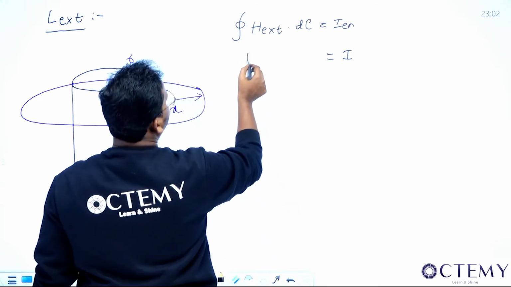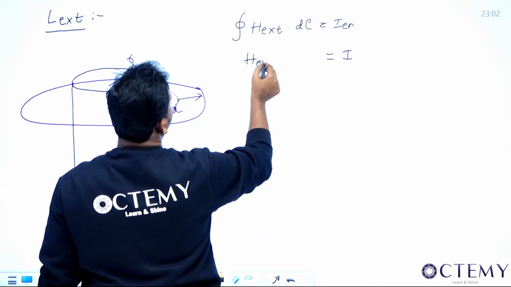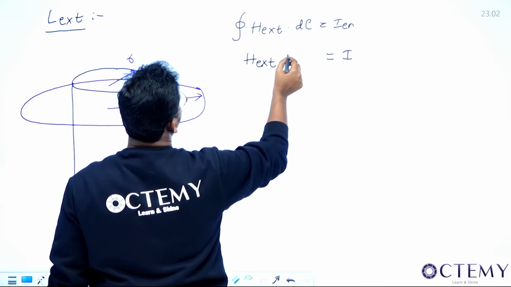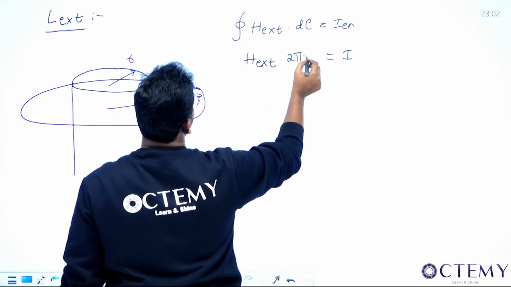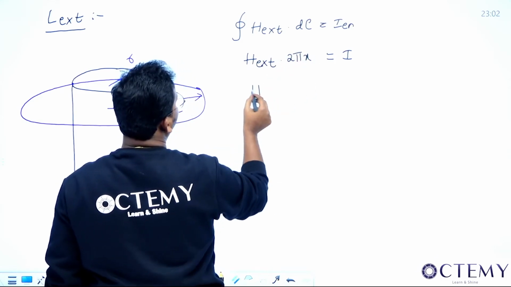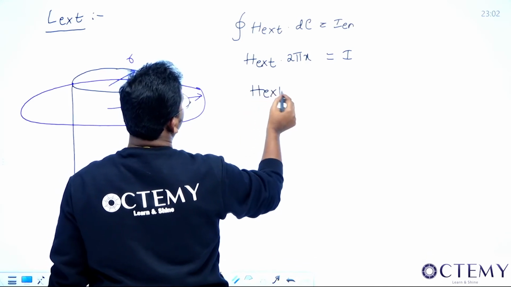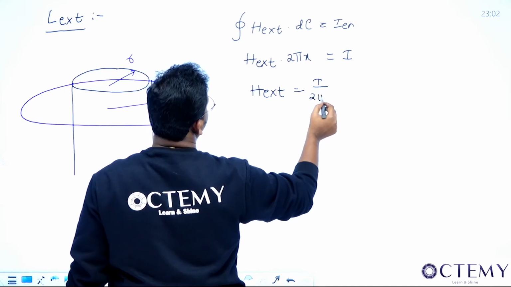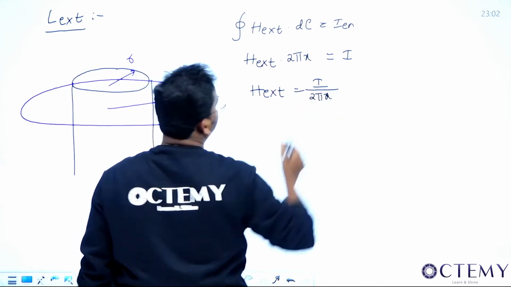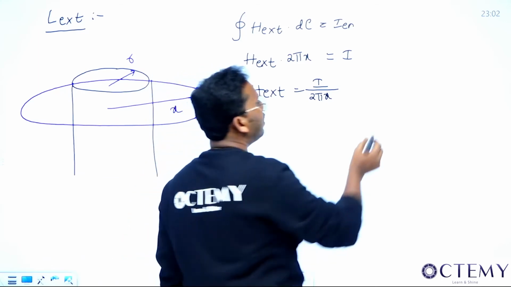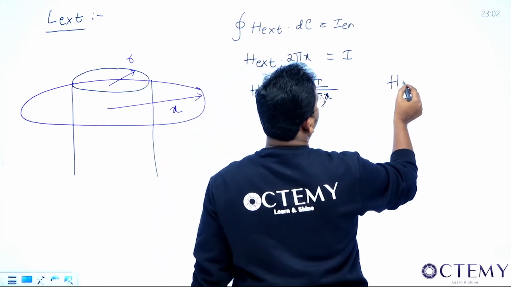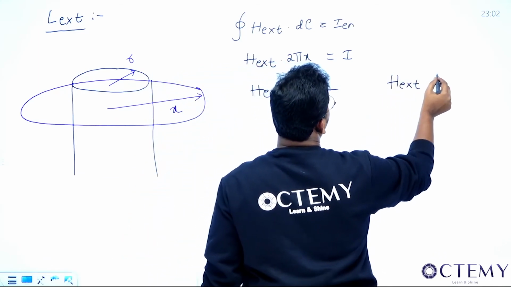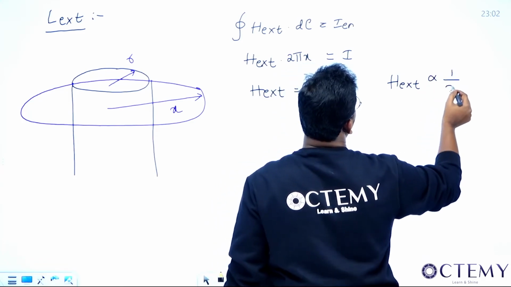And we will again assume that H is constant, that is H external into 2 pi x. So what is the H external formula which you got? H external is equal to I by 2 pi x. So another important observation is H external is inversely proportional to x.